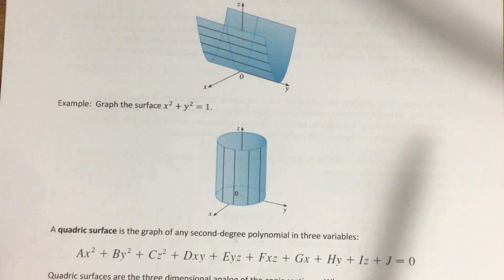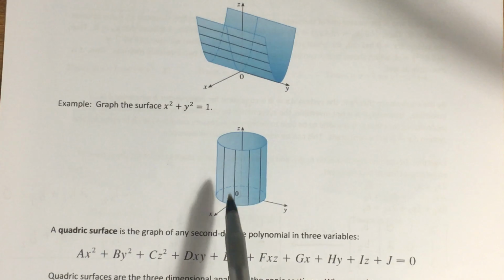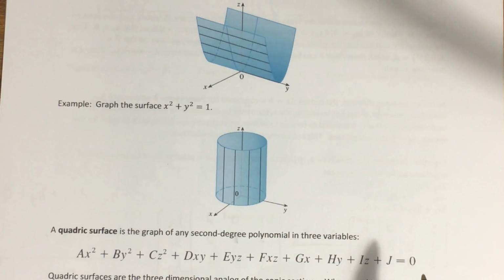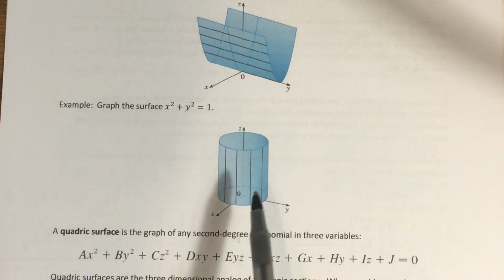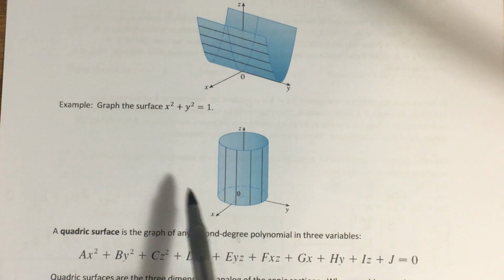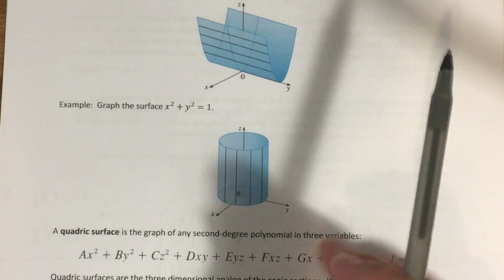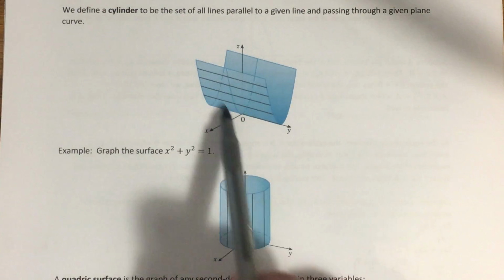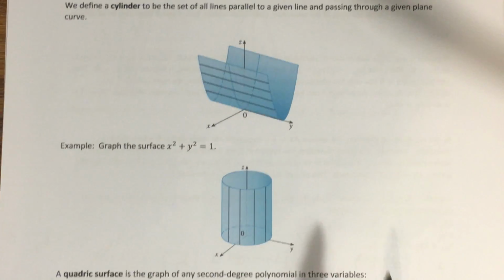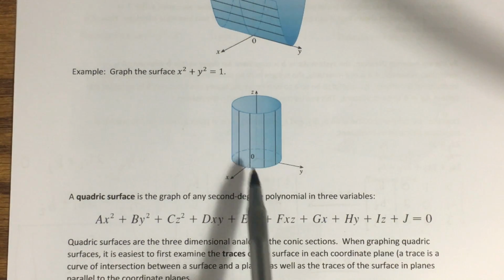Down here in this example, I'm going to talk through this example in a second. This is the kind of surface that you would normally think of as being a cylinder. In this case, the curve that we're thinking of as translating along an axis or a line, like this parabola was moved along the y-axis, the curve this time is a circle.